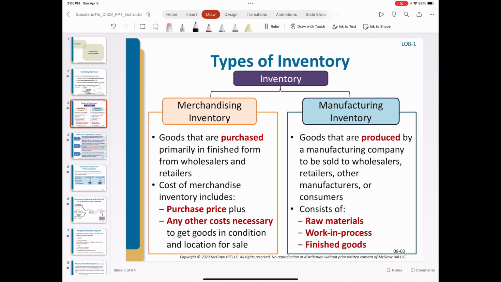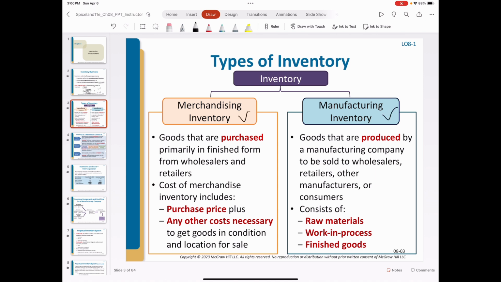When we study inventory, we should also differentiate the business or industry characteristics. In this textbook, we focus on two. One is merchandiser, the other is manufacturer.